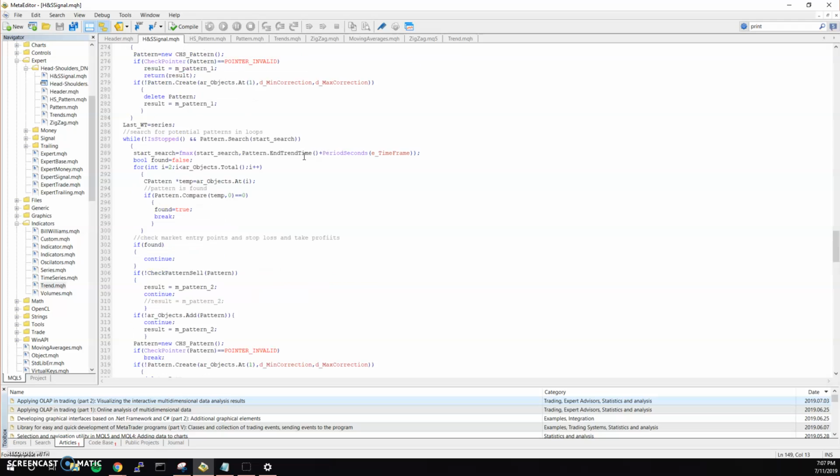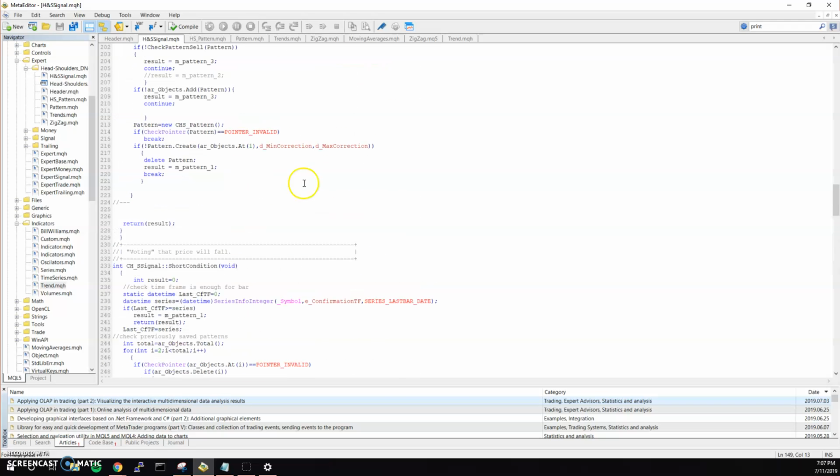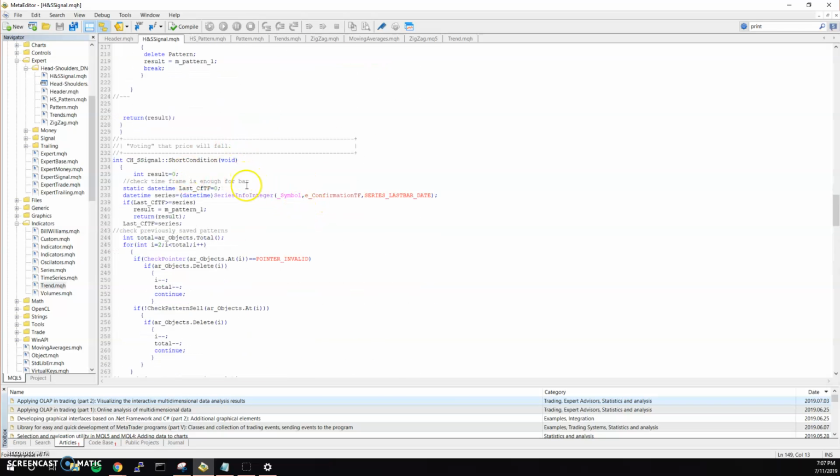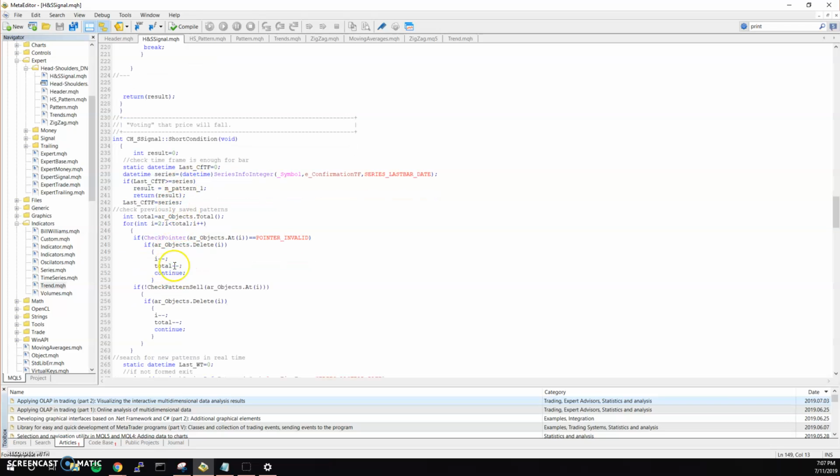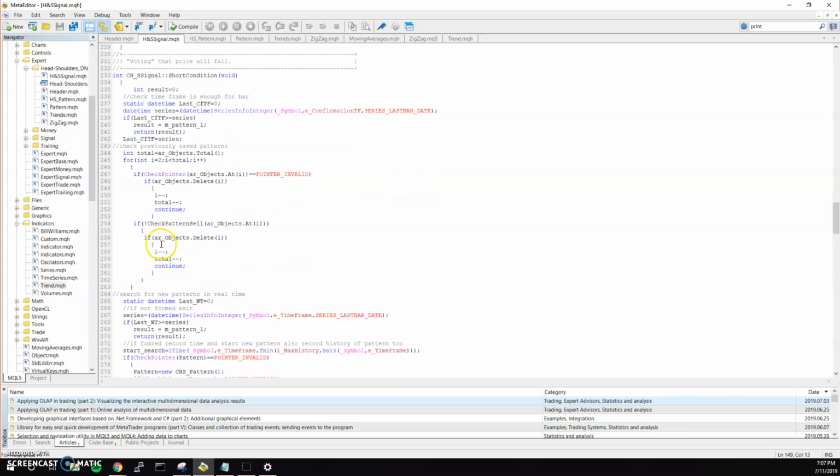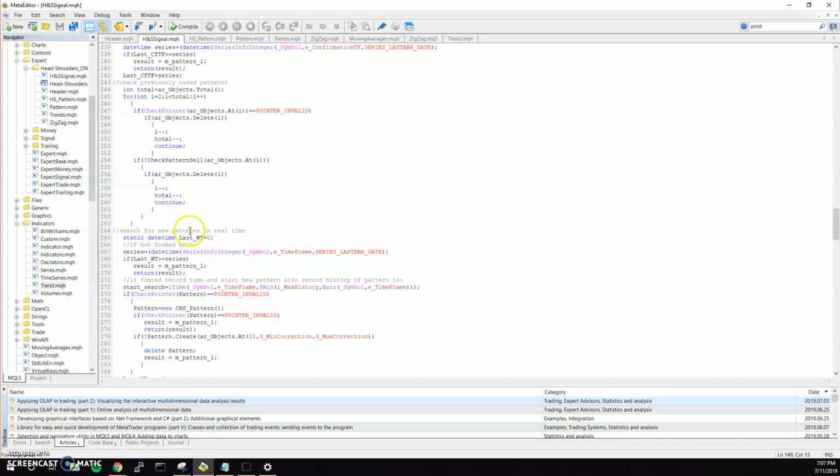So then we have the long and short condition. I'll just go over one because they're both pretty similar, just one's buy and one's sell. We check that the time frame is for the specific bar we're looking for. We check all our previously saved patterns. We search for new patterns in real time.